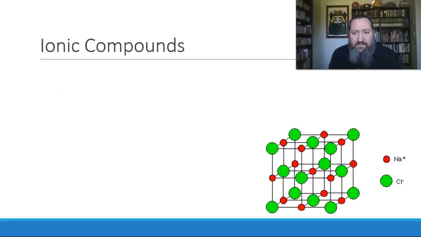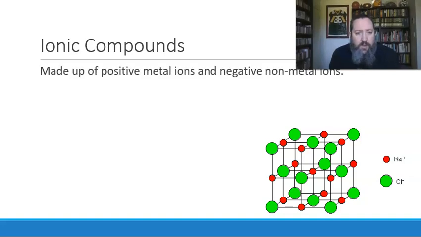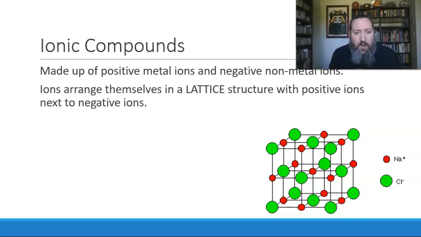The final thing before I finish this video is a very quick note on what kind of materials these ionic compounds produce. Where you have positive metals and negative non-metals, they often arrange themselves into a lattice or a crystal. They make these large repeating structures with lots of positive ions stuck together really strongly with the negatives next to them.